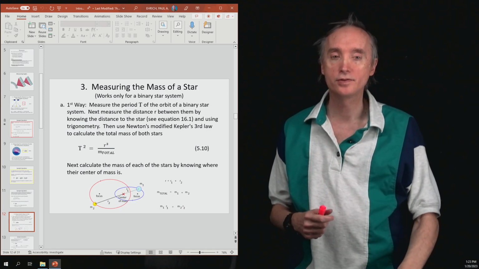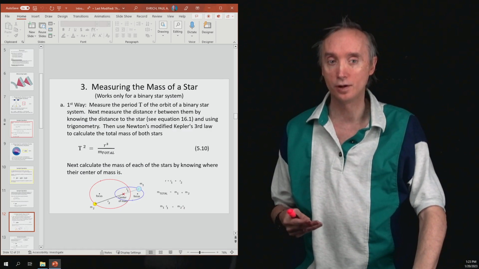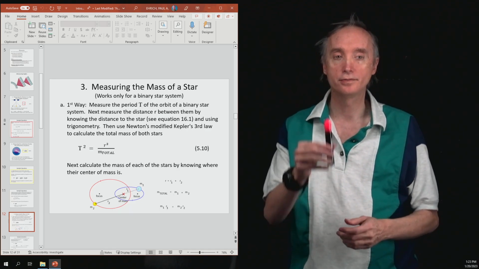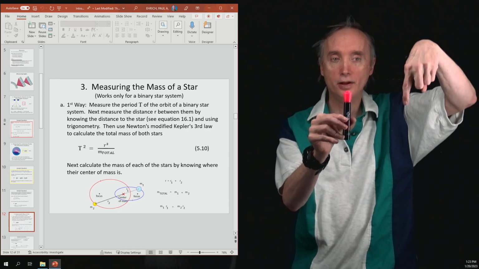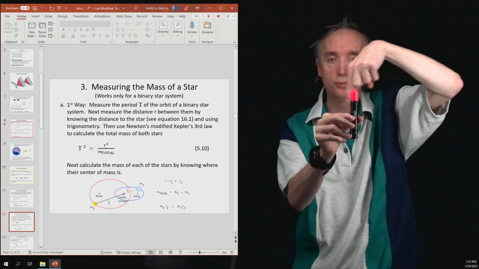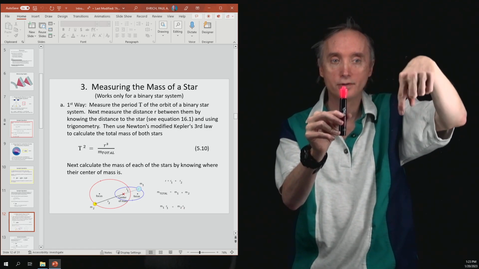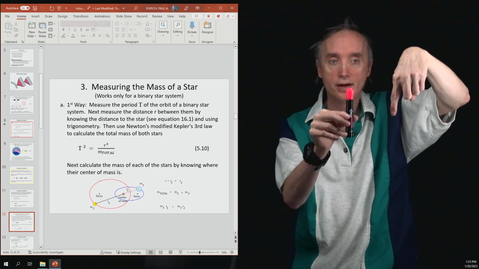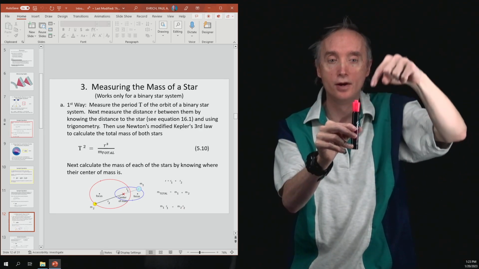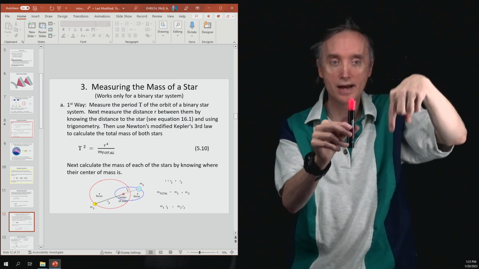And one of the things that we made use of was Kepler's third law of motion, and that was that whenever you've got a star and a planet that's going around it, there would be a relationship between the distance from the star to the planet, how long it takes to go around, and also the mass of the star plus the mass of the planet.